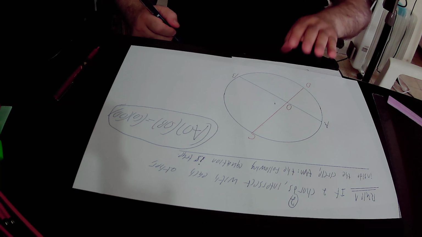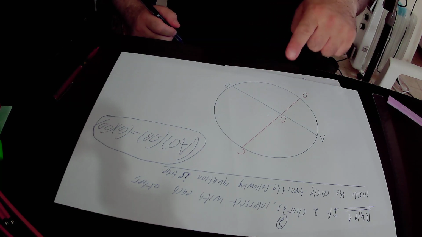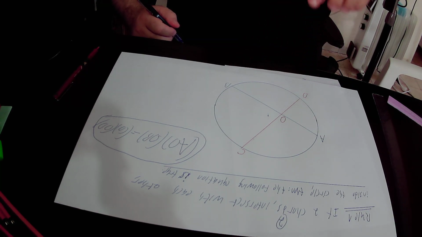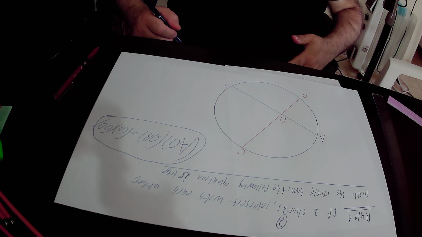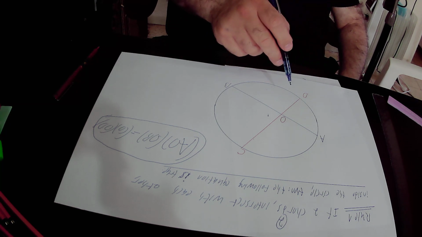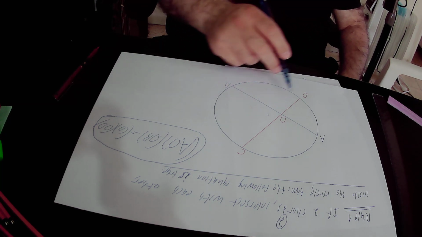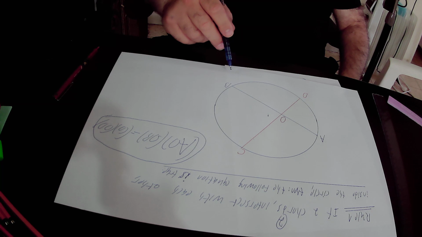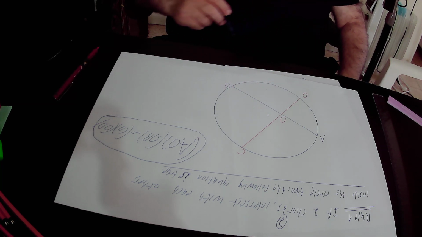I'll repeat again. If chord AB intersects with chord CD at point O, which is inside the circle, then according to rule number 1, AO times OB equals CO times OD.